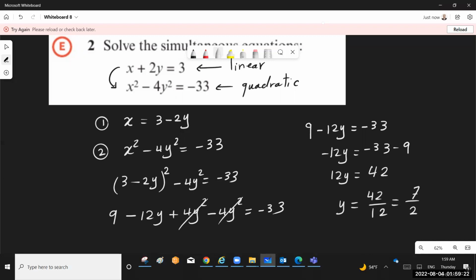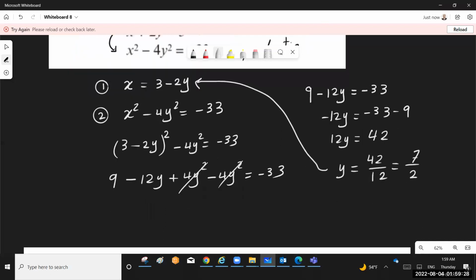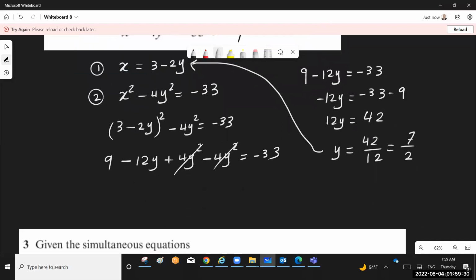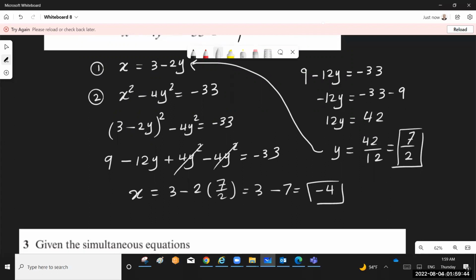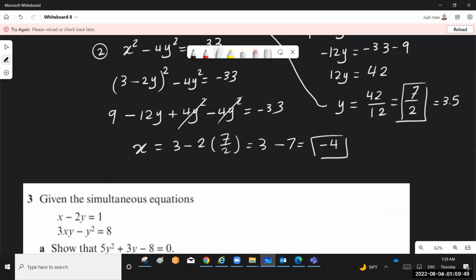After knowing y, you have to come back to the first equation and substitute to find x. So x is equal to 3 minus 2 times the value of y obtained here, 7 over 2. The answer is 3 minus 7, which is -4. So this is the value of x and this is the value of y. You can of course write it as 7 over 2 or 3.5.